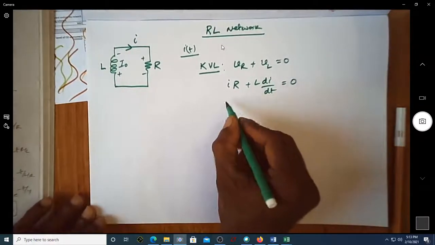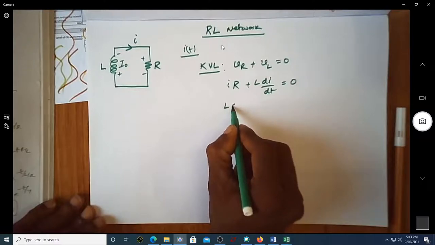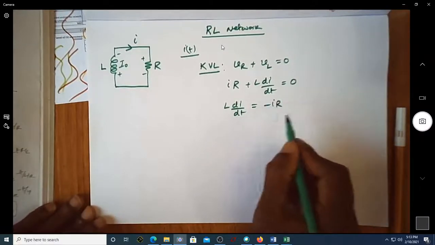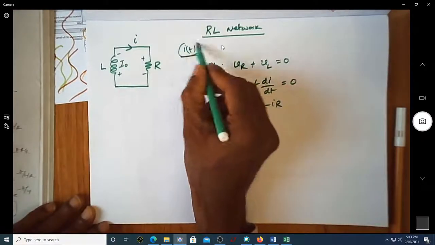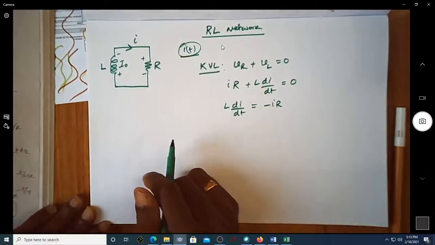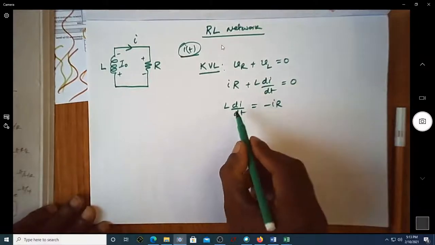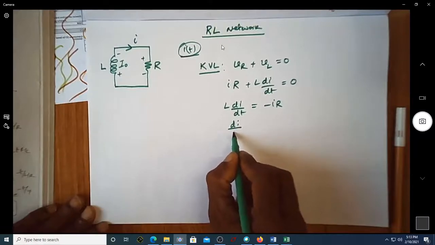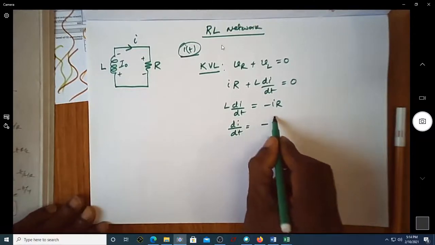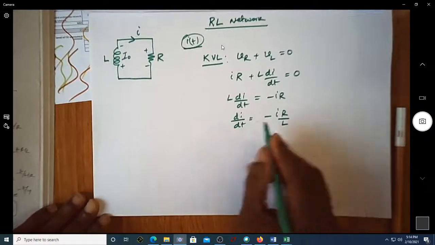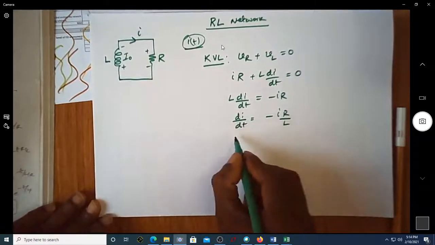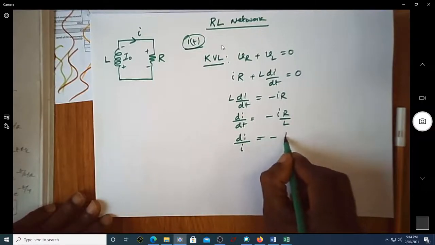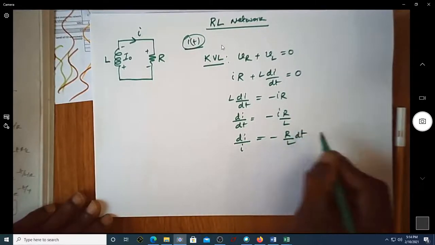Let me slightly rewrite this as L into di by dt is equal to minus I into R. Just keep in mind, I want to get an expression for I of t. This can be further rewritten as di by dt is equal to minus I R by L. Let me again rewrite it as di by I is equal to minus R by L into dt.